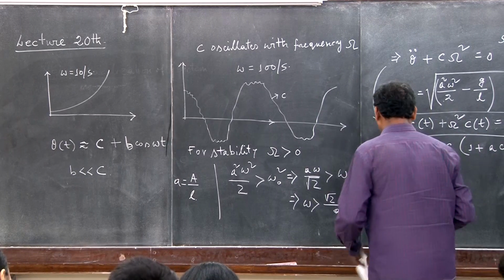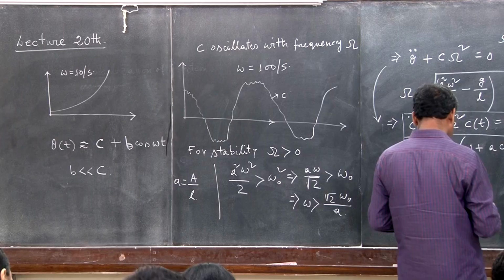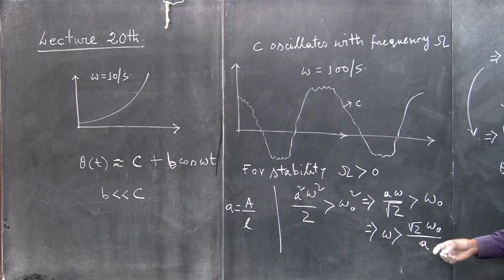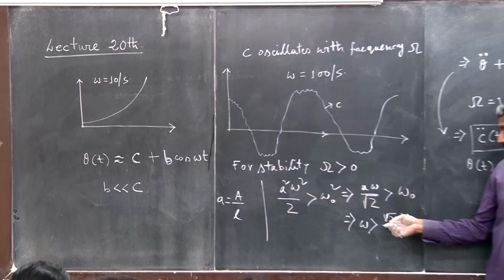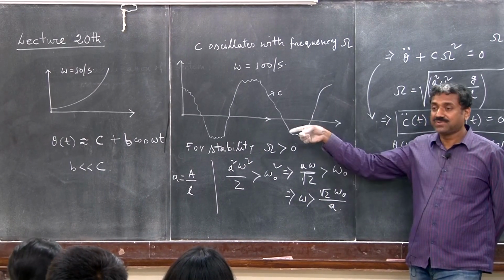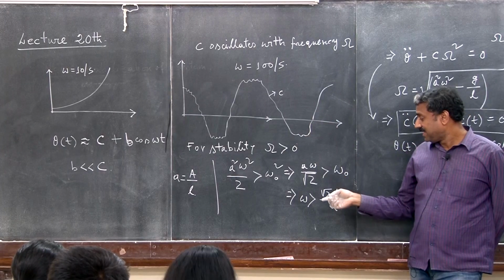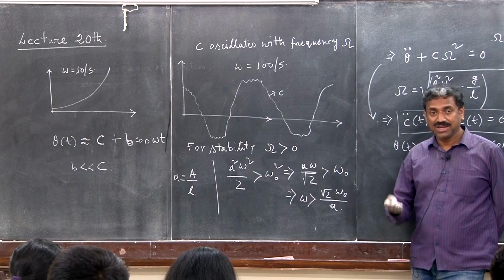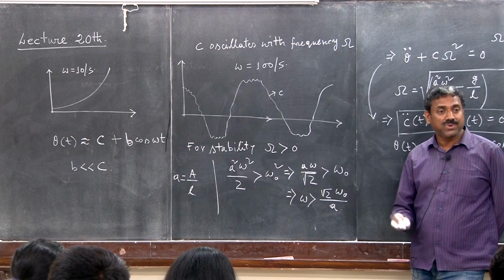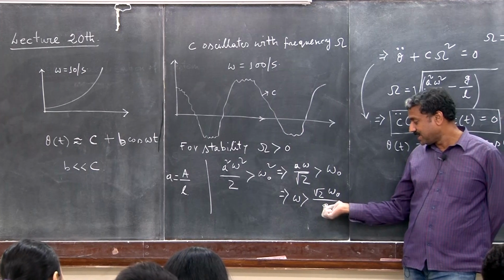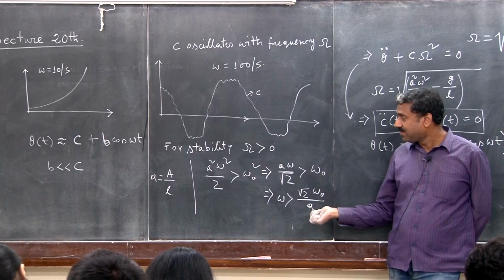And from here, essentially what is happening is that omega 0 is the frequency for the slowly varying component. If the system is to be stabilized, the noise that you are putting in as an excitation is much greater than omega 0. A is a small quantity, right?